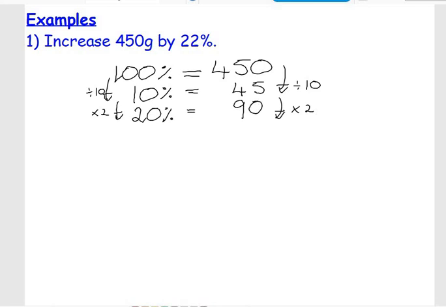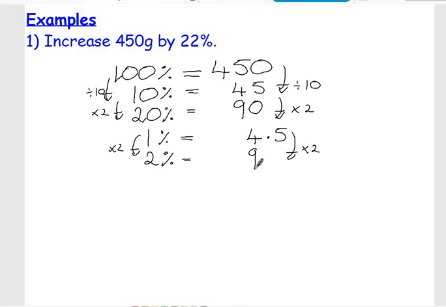We need to find 22%, so we can work out 1%. For 1%, we divide by 100, so 450 divided by 100, each digit moves 2 places to the right, and we end up with 4.5. Then 2% is double the 1%, double 4.5, which gives 9.